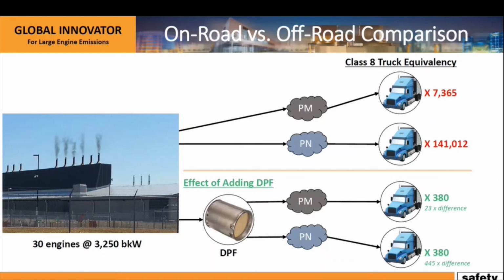And so if those generators had a DPF, we would still be seeing a lot of trucks, to be fair, but drastically less. Basically 380 trucks is the equivalent of a data center with 33 engines, and it's the same for both PN and PM, because the DPF would reduce both essentially.